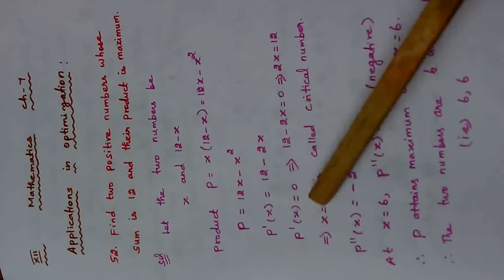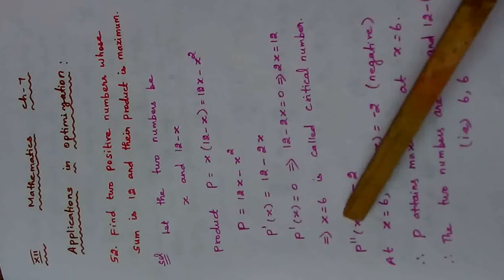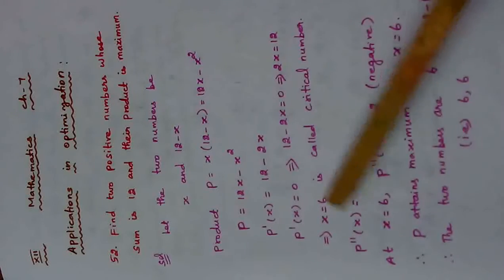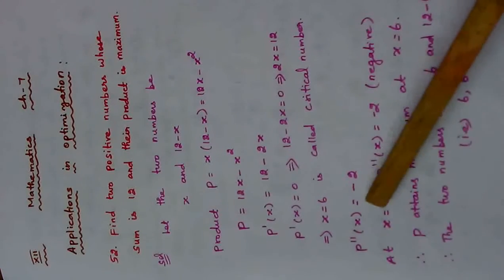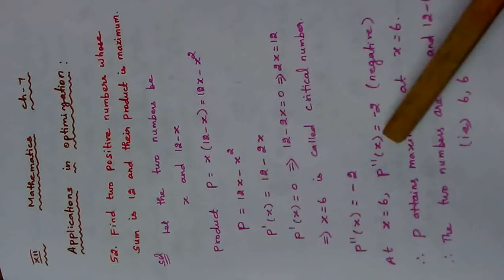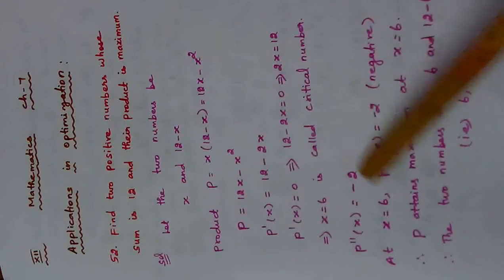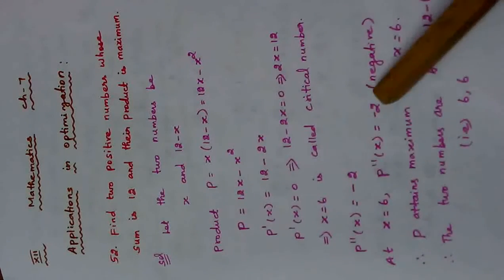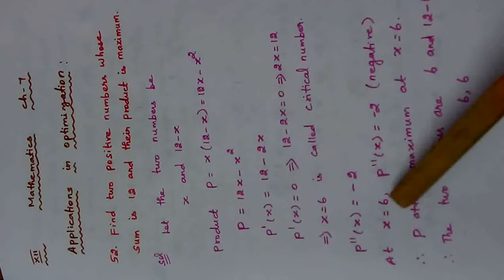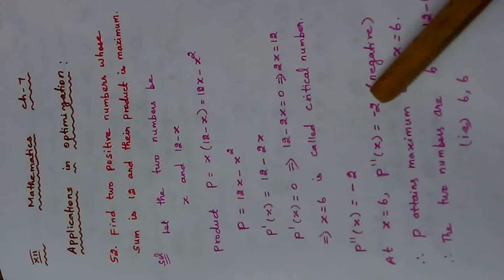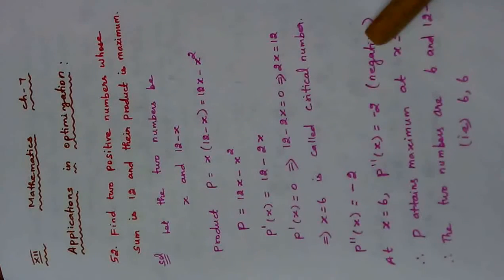Now I am going to substitute the critical number in place of x. So at x is equal to 6, that is at the critical number, what happens for p double dash of x? The same answer will come, because there is no x to substitute, so this alone we have to write. At x equal to 6, p double dash of x is same minus 2, which is a negative number.